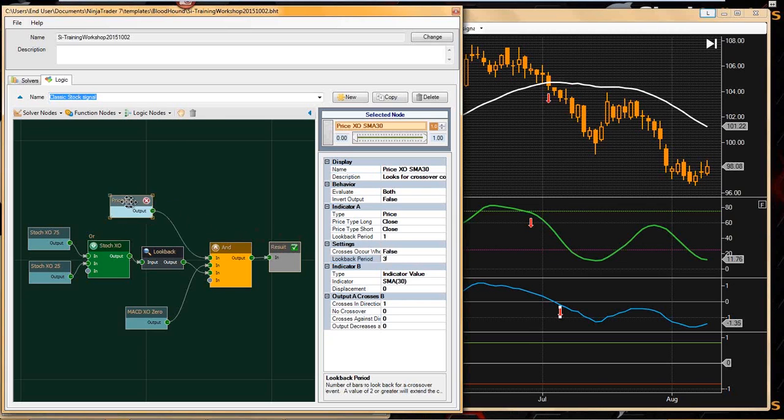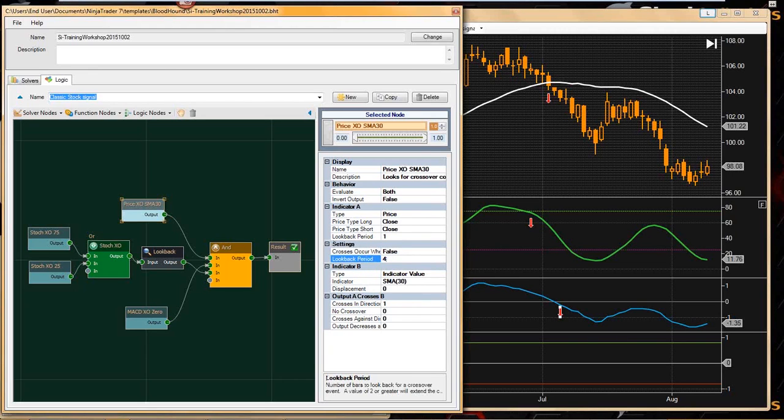Oh, and just one thing to be aware of: Indicator A is set to price, and when you're looking at price, that also has a lookback period. So don't change the lookback period for price. We're changing the lookback period for the solver itself, for the conditions, so that's under the settings section here.